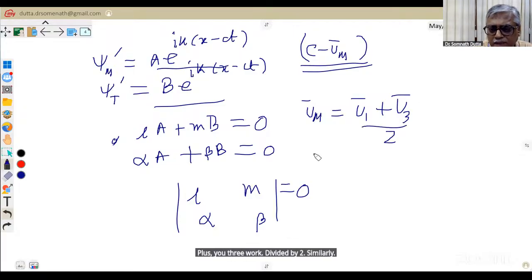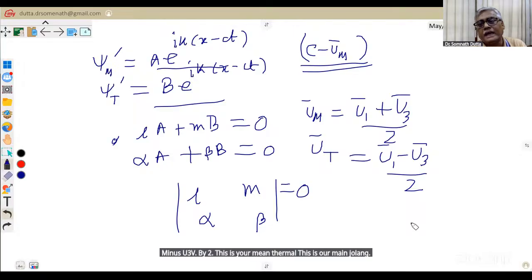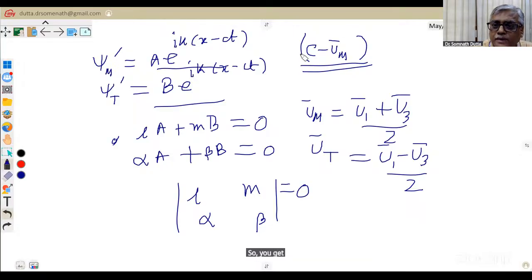Similarly, U_T is also there, that is your U_T bar, which is U1 bar minus U3 bar by 2. This is your mean thermal wind, and this is your mean zonal wind. So you get a quadratic equation in C minus U_M.